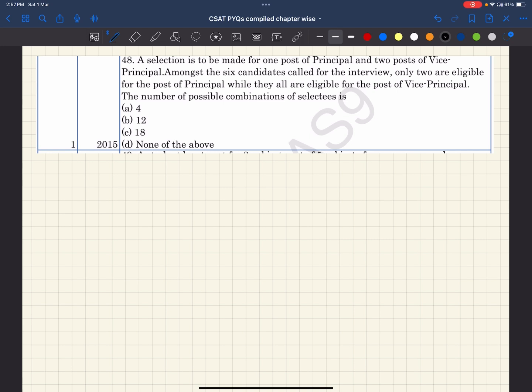A selection is to be made for one post of principal and two posts of vice principal. Amongst 6 candidates called for the interview, only 2 are eligible for principal, while they are all eligible for the post of vice principal.